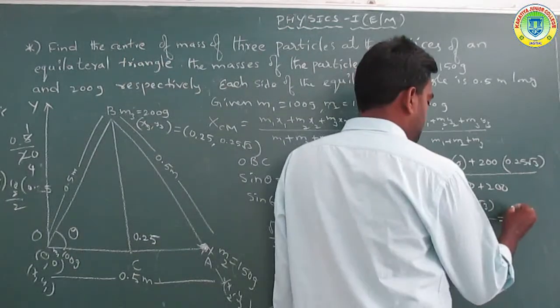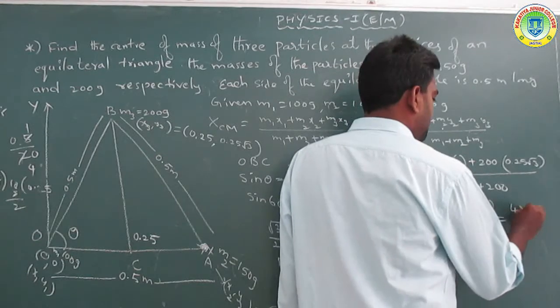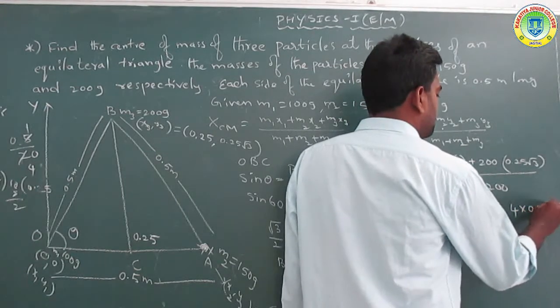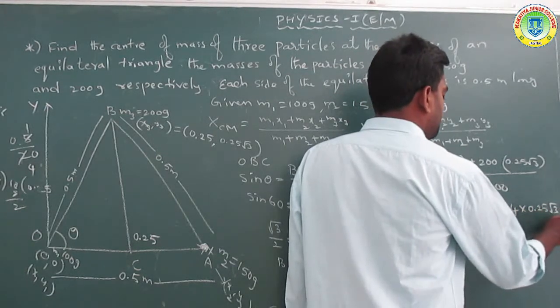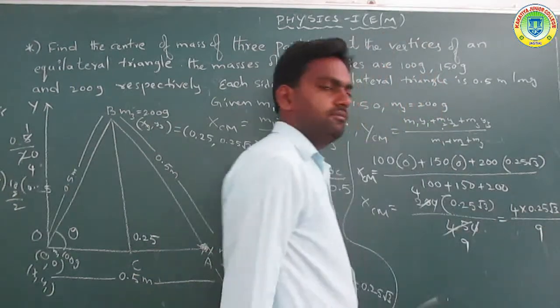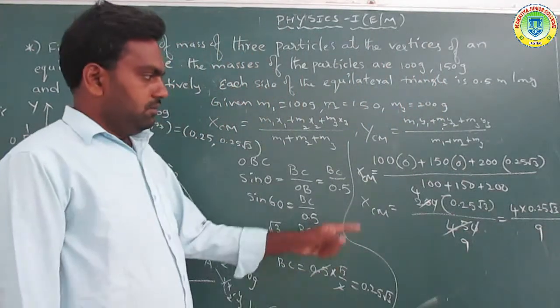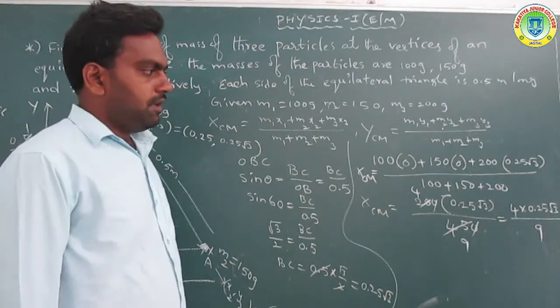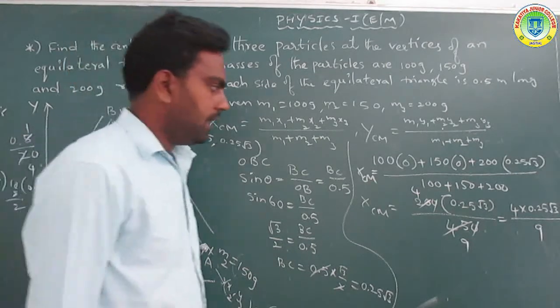So the next equation is 4 into 0.25 root 3 by 9. Multiplying 4 into 0.25 gives 100, that is 1, so it is root 3 by 9.